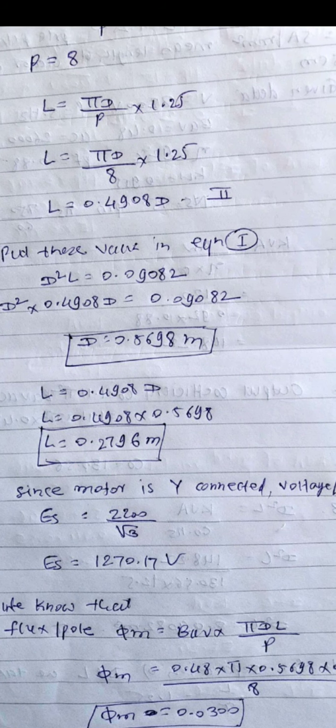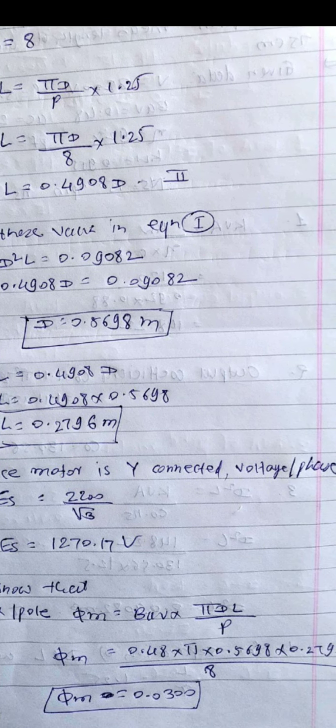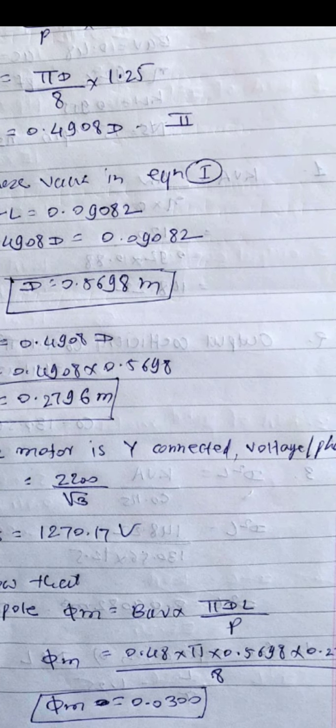We already know that flux per pole phi max is equal to B average into pi d L divided by P. Put the values: B average is 0.48 into pi into D which is 0.5698 into L which is 0.2796, and number of poles is 8. Phi max becomes 0.0300.